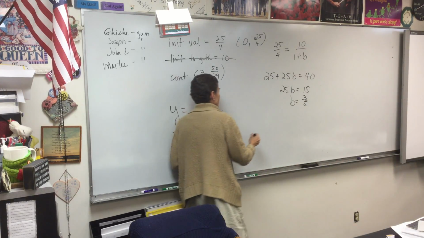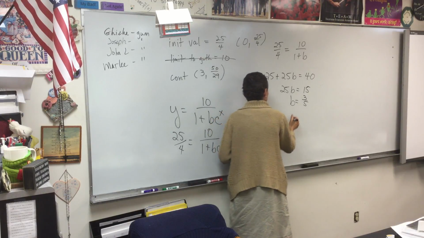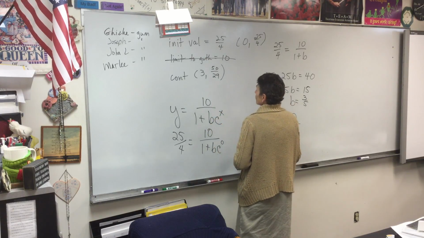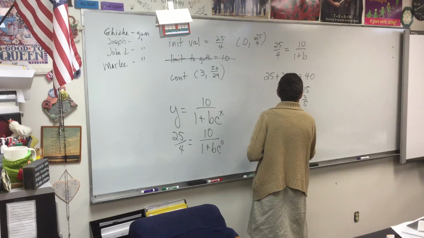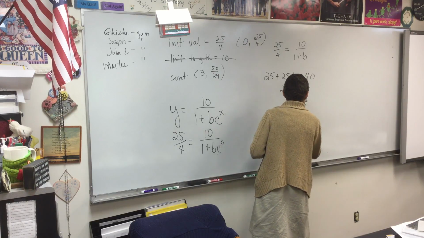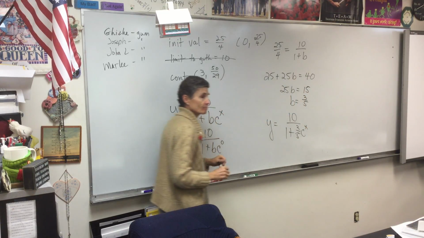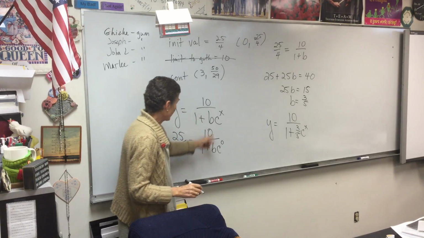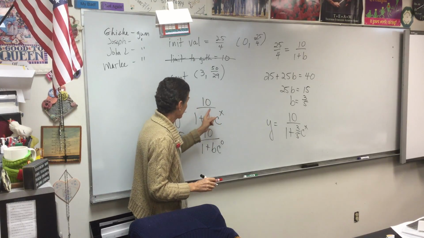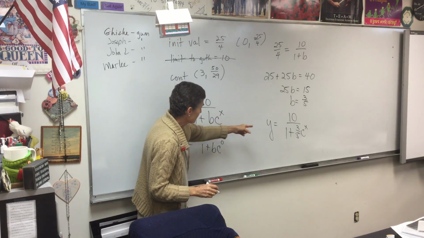So our equation is y equals 10 over 1 plus 3/5 c to the x. Just plugging in what I know so far. I got an a value and now I have a b value.